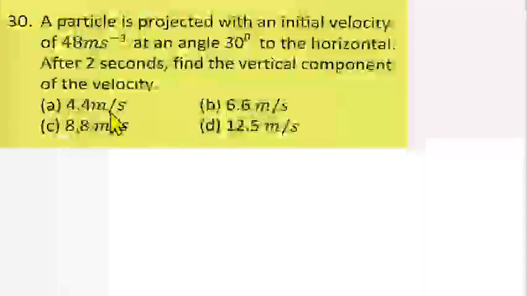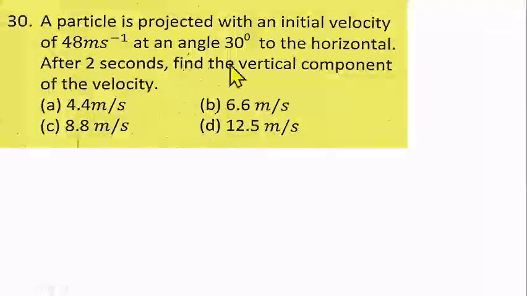Question number 30 is from projectile. A particle is projected with an initial velocity of 48 meters per second at an angle of 30 degrees to the horizontal. After 2 seconds, find the vertical component of the velocity.